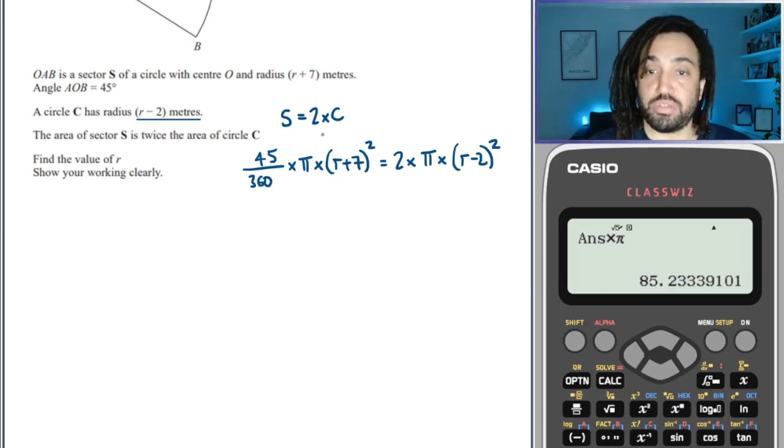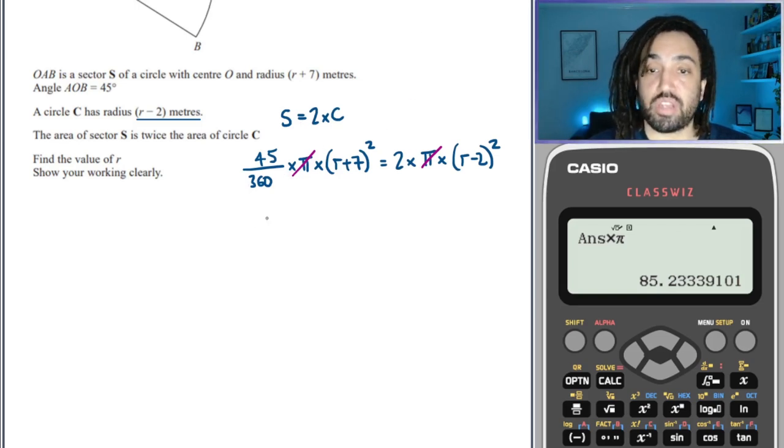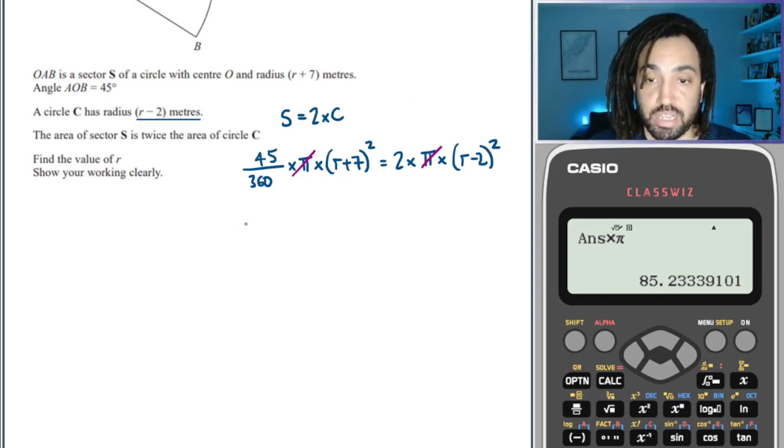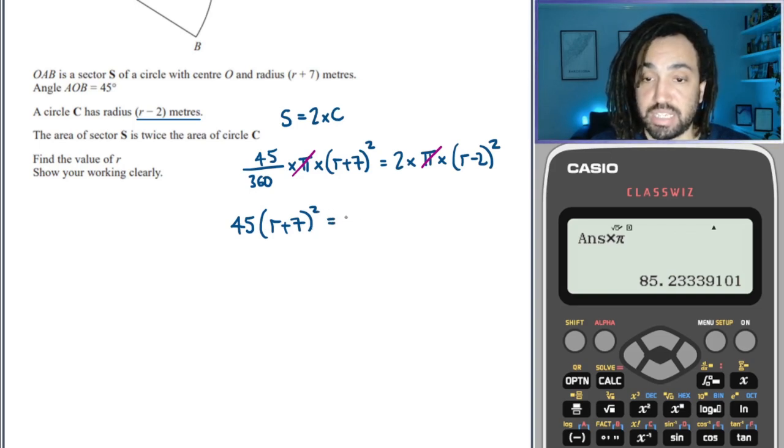So the first thing I'm going to do is divide through by pi, because both sides are multiplied through by pi, so pi is a factor we can divide through. I'm then going to times through by 360. So that will give us this, times by this bracket, and then 2 times 360 is 720.